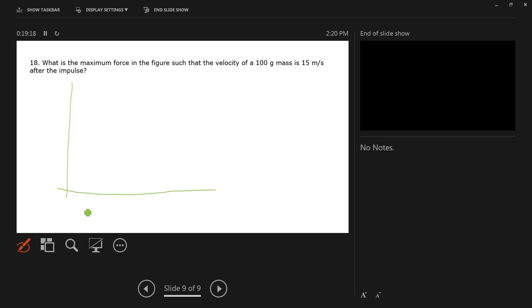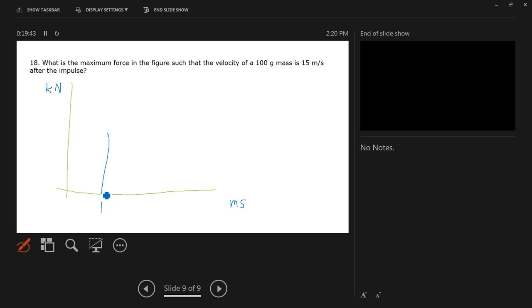Okay. Let's get a new color here. It says these are in milliseconds, a thousandth of a second. And over here we have kilonewtons of force.